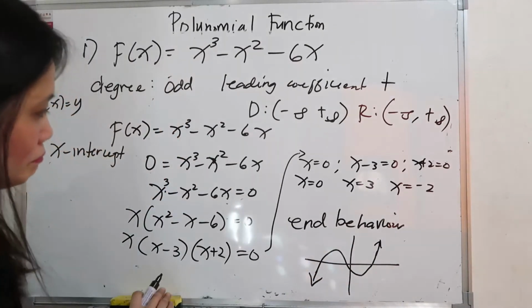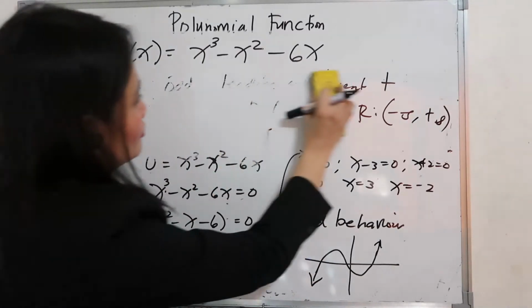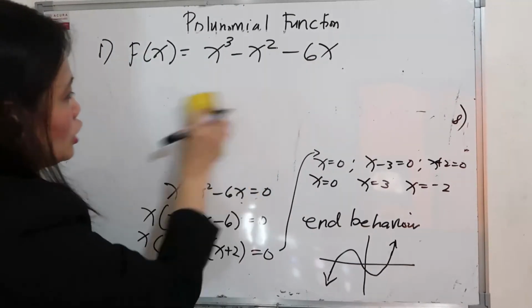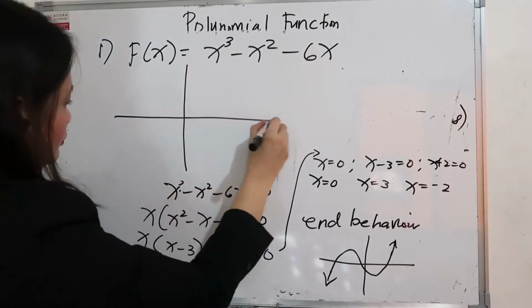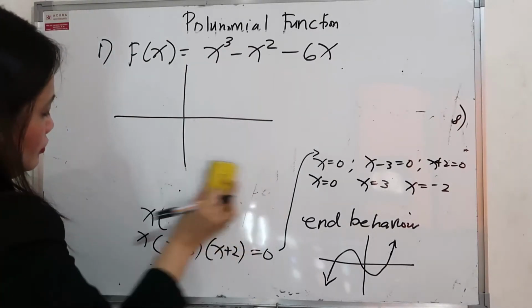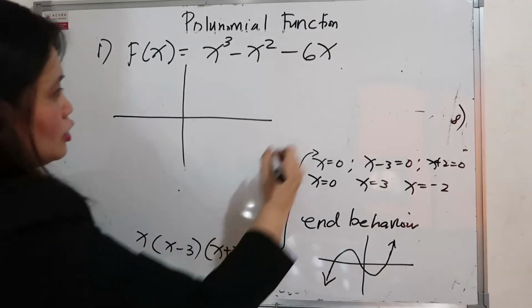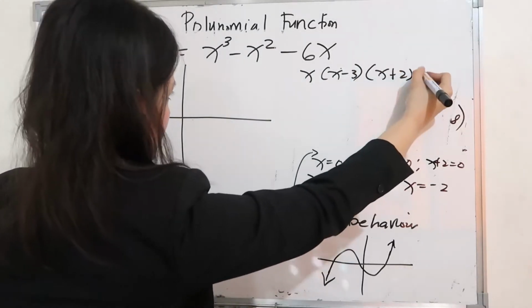But how do you come up with that graph? So let's graph that. We have x times x minus 3 times x plus 2 equals 0.